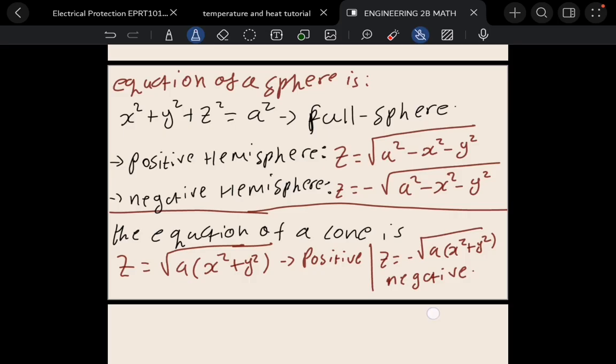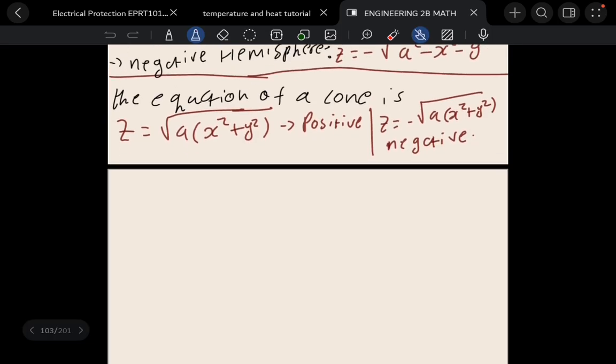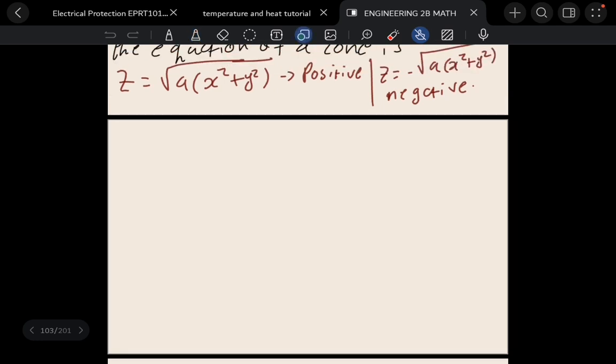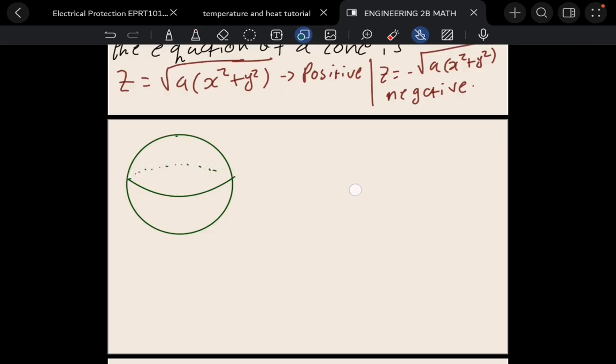Now, I know that you like to see the pictures of this thing. If we draw a circle in bound, that is a full sphere.